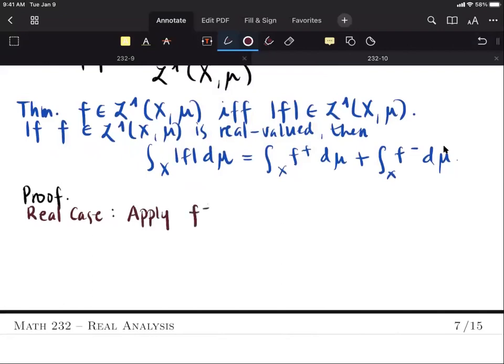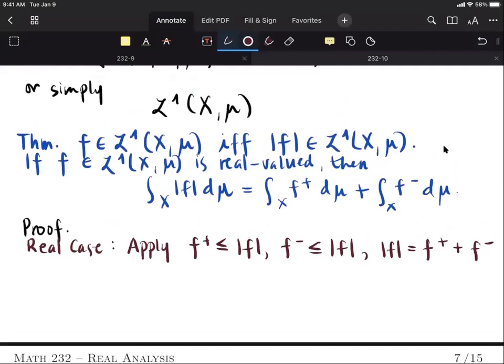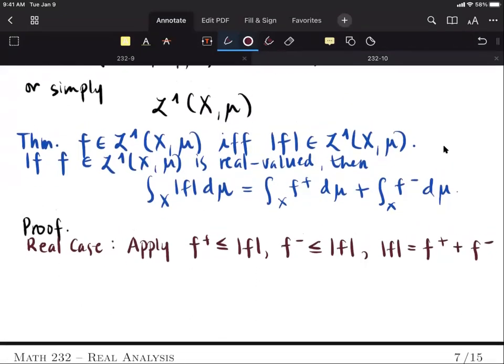The positive part is bounded by the absolute value, as well as the negative part. And the absolute value is just the sum of the positive and negative parts. So I will leave the details for you to verify the first equivalence. Okay.